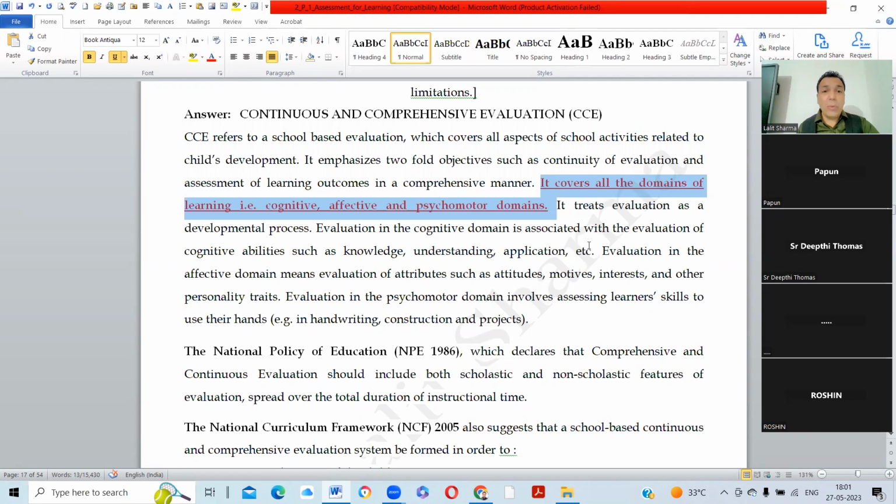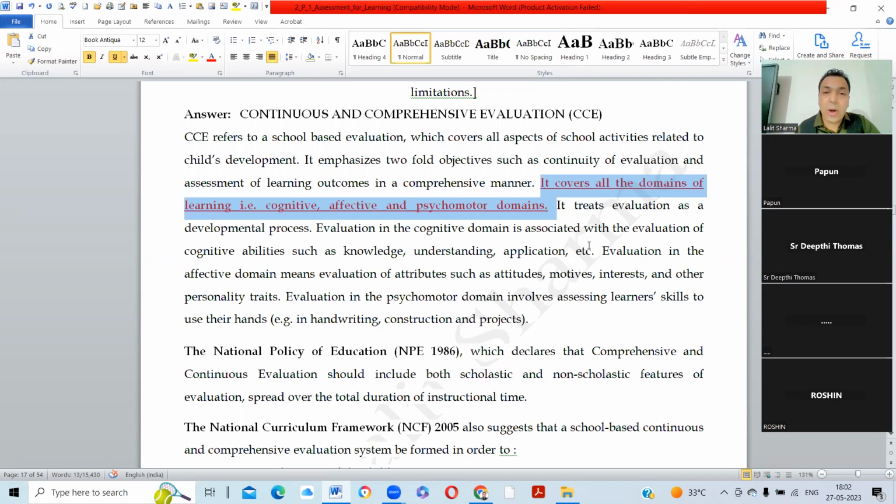Okay, guys, if you know about continuous and comprehensive evaluation, right? So guys, you can work on all these three domains. This is basically what psychology is, the science of behavior. And according to Drever, behavior is divided into three parts: cognitive behavior, affective, and psychomotor. This is what it is, right?